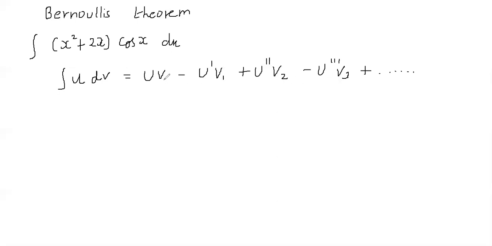So v is integrated to v1, v1 to v2, v2 to v3. Similarly, u is differentiated into u dash, again into u double dash, again into u triple dash, and the signs will be positive, negative, positive, negative.